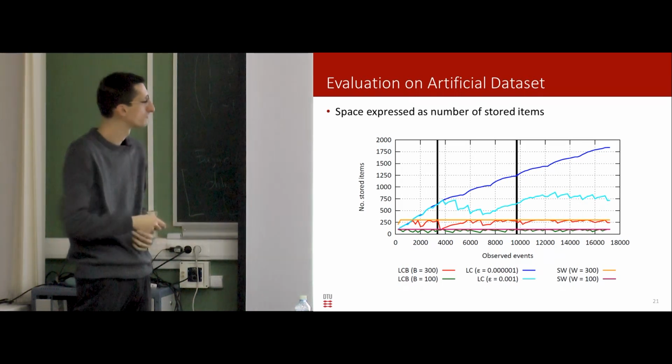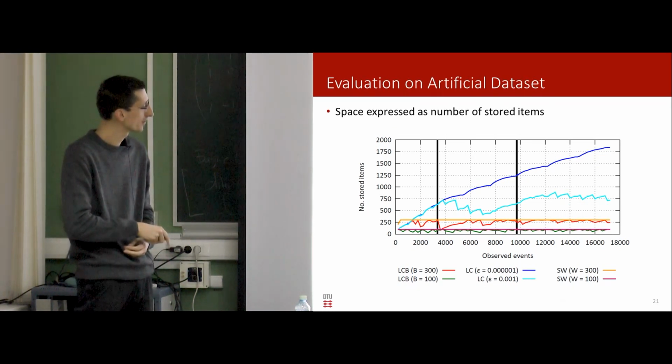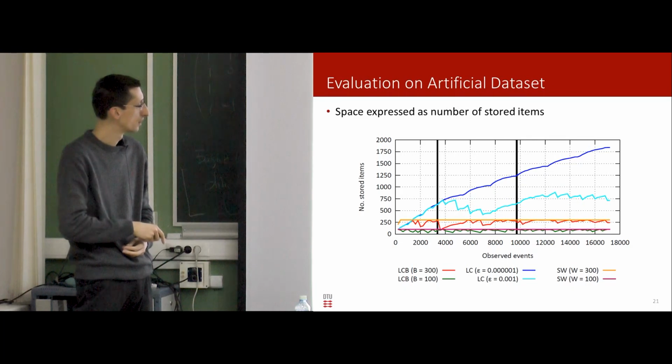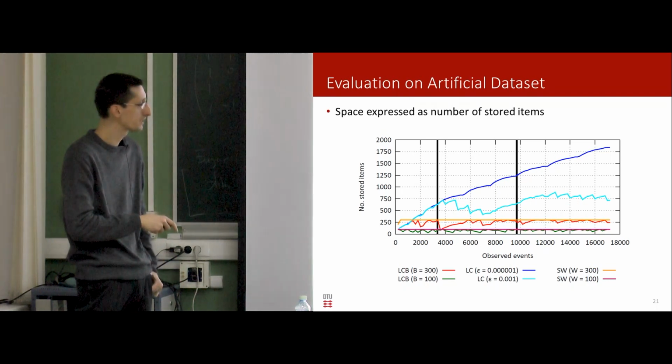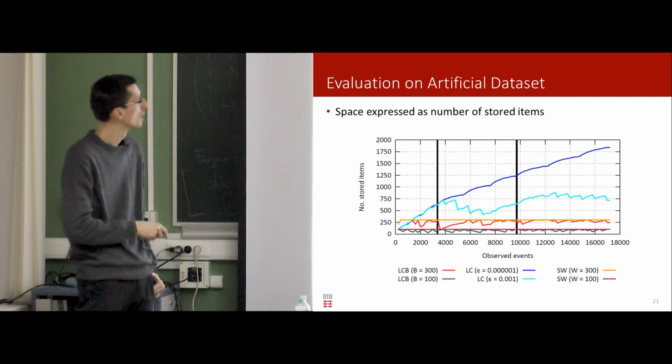Then we have lossy counting with budget. Since the maximum budget available is set again to 300 and 100, you see that they fluctuate, but they never exceed the threshold of 300 in this case and 100 in this other case.